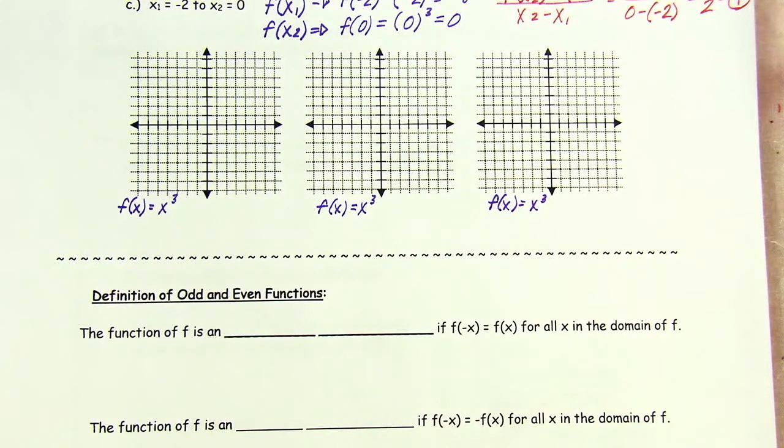I like to graph it 3 times. Later on, we are going to get into graphing and transformations of functions, and it would behoove you to know the ordered pairs on the cube function.